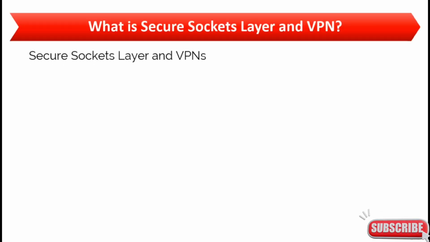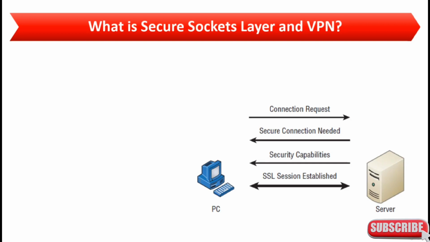Now let us have a discussion on secure sockets layer and how SSL and VPN work together. Well, what is SSL? For the time being, just ignore the picture, focus on what I'm going to tell you. Next on the list is the secure sockets layer.